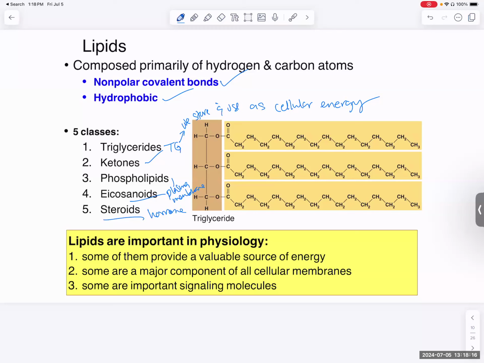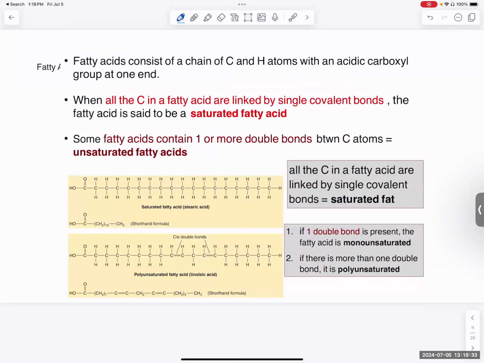Lipids are important for physiology. So it's the most prevalent source of energy, the major components of our cell membrane, that lipid bilayer. And we also use it in hormones for signaling molecules. Fatty acids are basically carbons and hydrogen with a couple of oxygen in there.